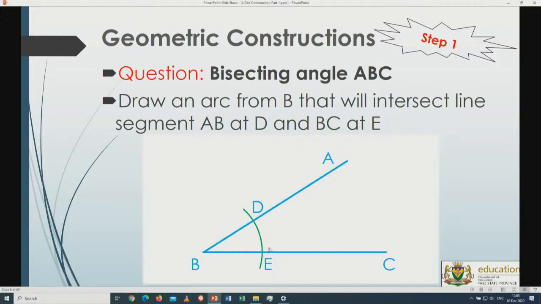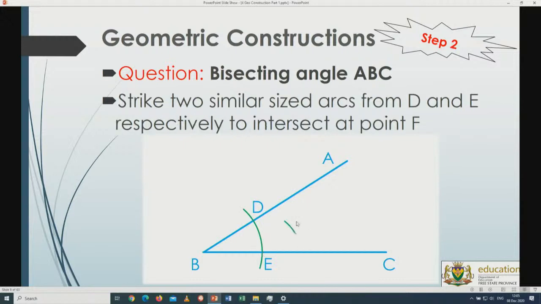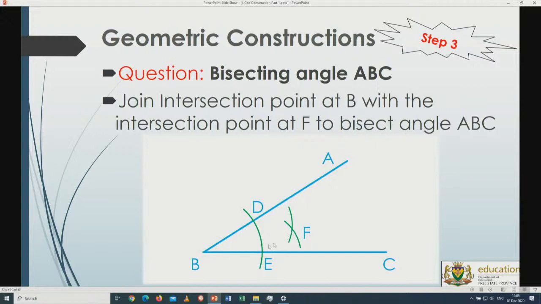The most important part is that the distance from E outwards is the same distance from D outwards. So what I normally say is keep it the same distance as it is so far. Put the needle point at E and strike an arc, and put the needle point at D and strike an arc, and where those two arcs intersect, from B through that intersection point, I will be able to say that is the bisector of this angle.